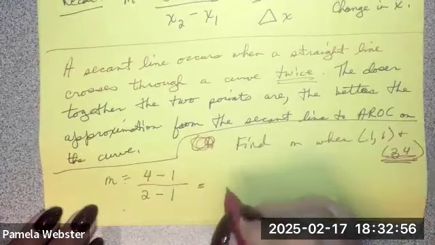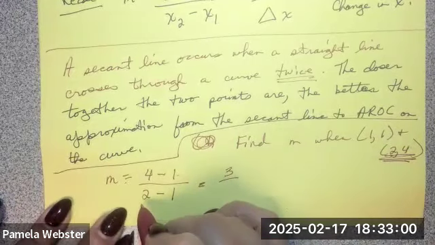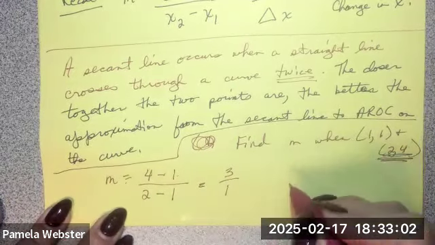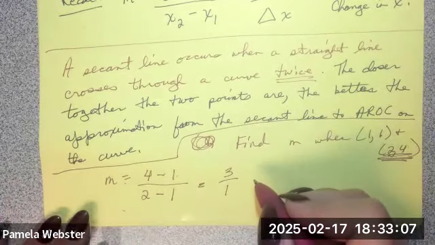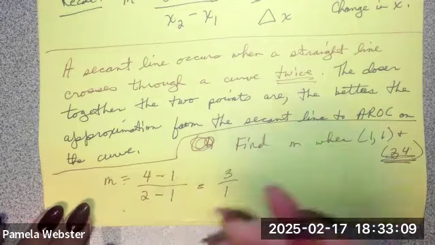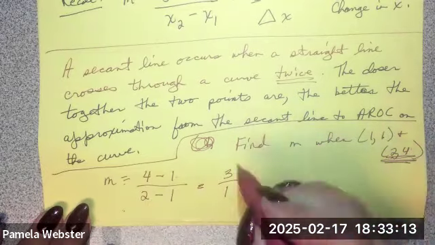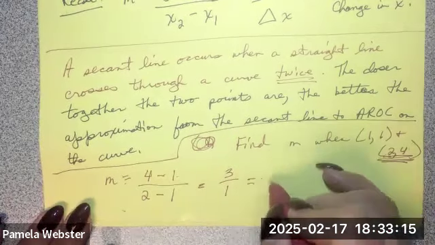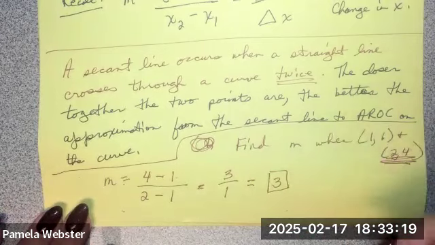So I know when I do this subtraction, 4 minus 1, I'm going to get a positive number. And when I do this subtraction, 2 minus 1, I'm going to get a positive number. I did that on purpose. If you did it the other way, you had 1 minus 4, 1 minus 2, it's okay. You'll just have -3 over -1. And we know a negative divided by a negative is a positive. So you'll get the same thing.